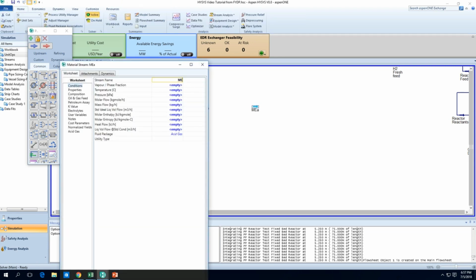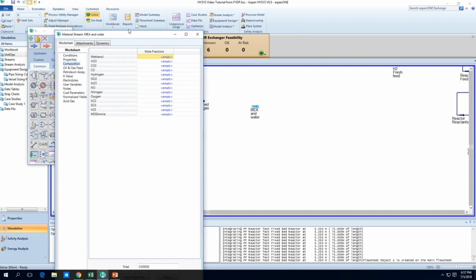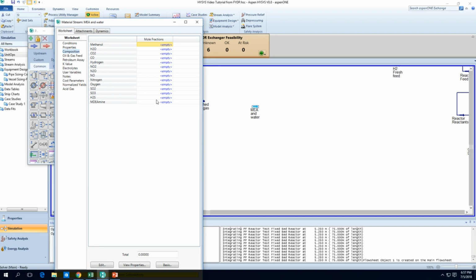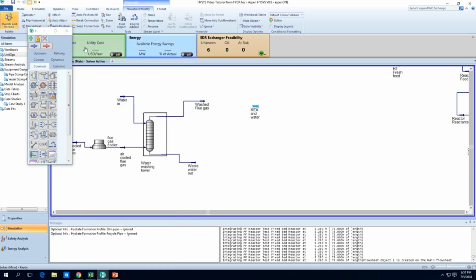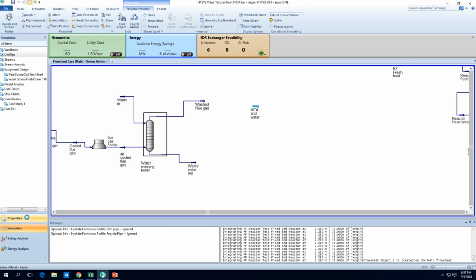MEA and water. So again, for the max concentration, we are just going to go straight for the max. Okay, it looks like there's only one of these amines down here. We'll need to add some of the components into the system.